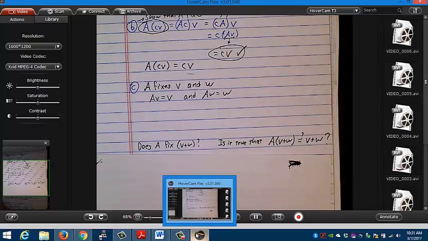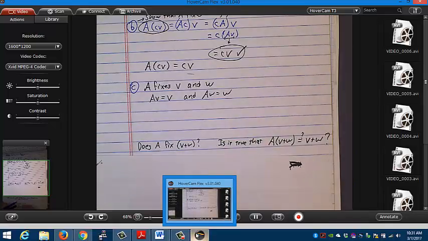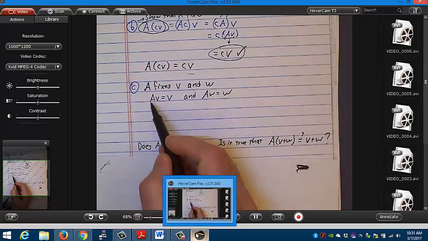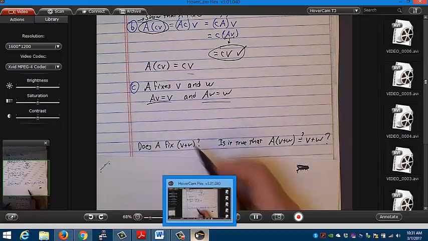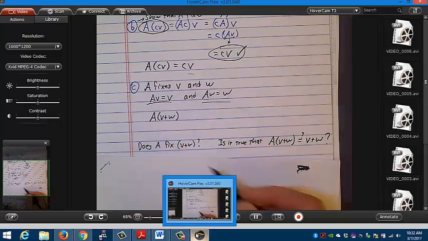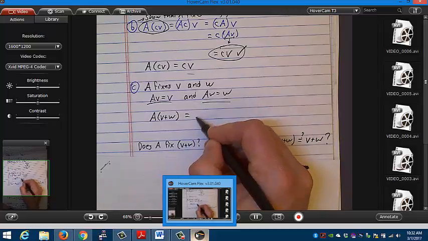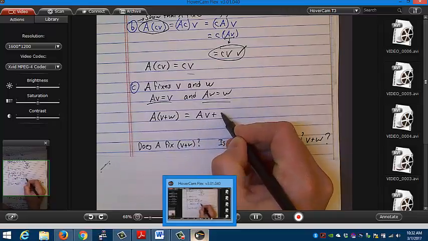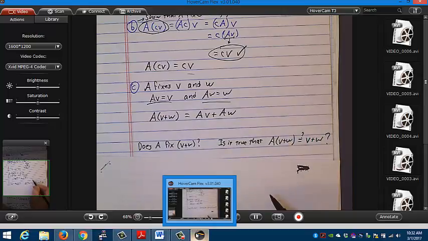That's what I'm questioning. Is this true? Well, let's check. Here's the given information up here, right? There and there. So if you write down A times V plus W, can you do anything with it? Sure. So we get AV plus AW, because we know that we can distribute. Then what?